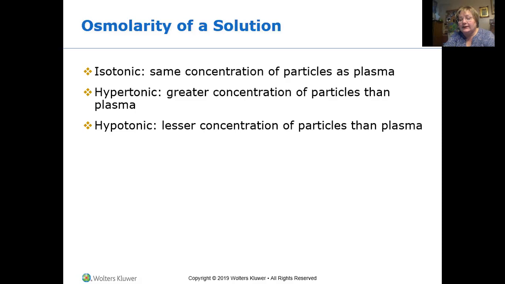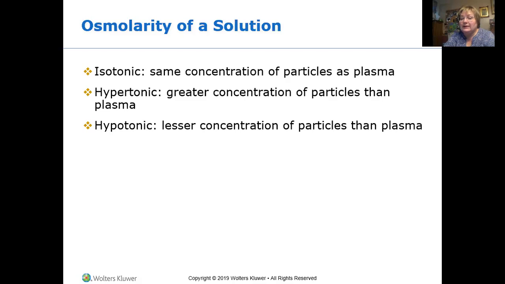And normally, if we're nice and healthy, then if we needed to get any kind of IV fluids, we normally would want to get an isotonic IV fluid, so that if that fluid is being introduced into the vascular system, it's not going to really cause any kind of exchange of fluids inside the cellular space and outside of the cellular space.